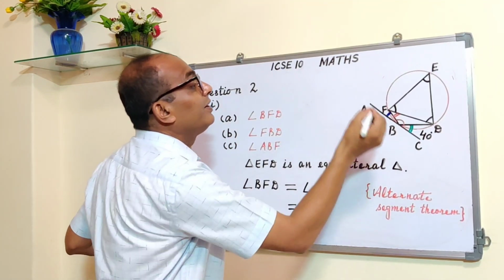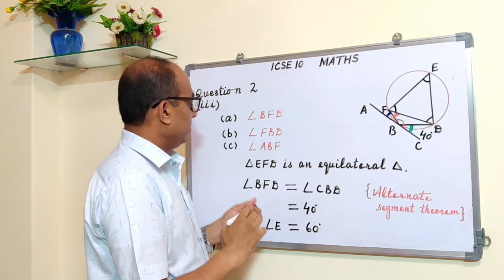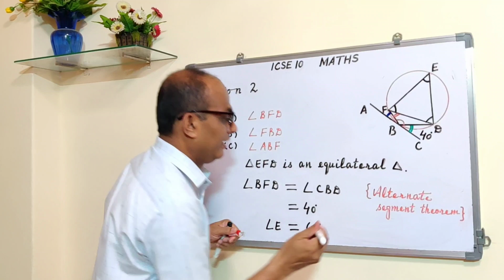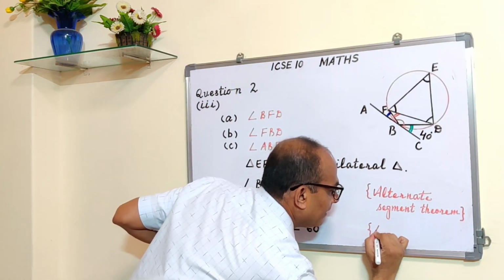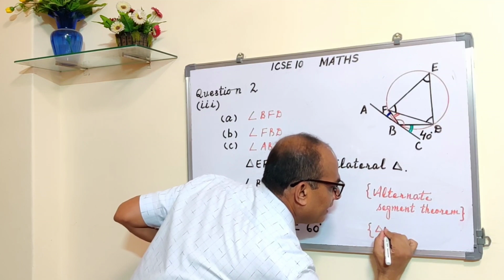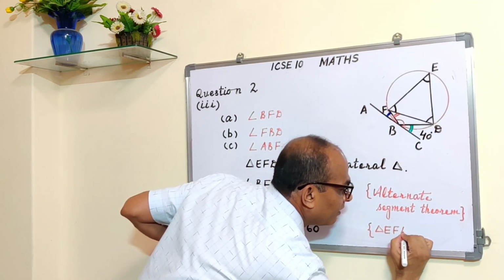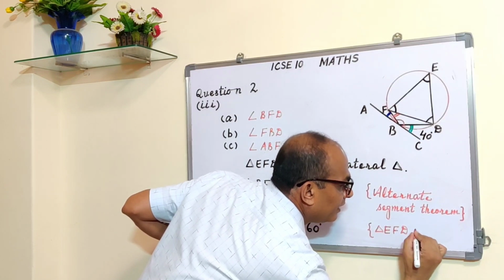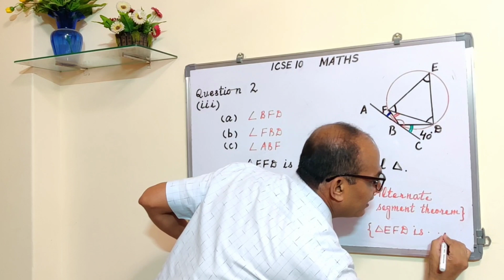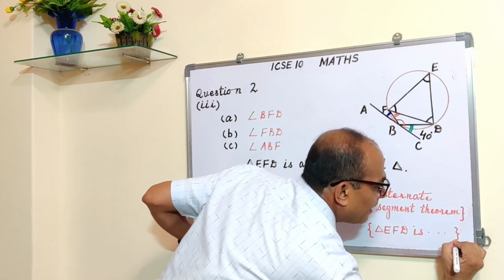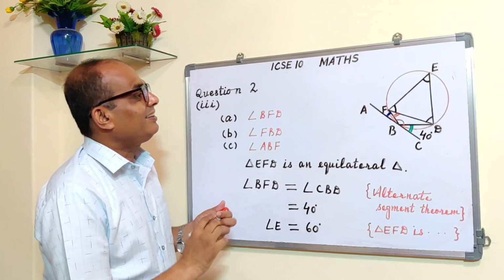Angle E is equal to 60 because triangle EFD is an equilateral triangle. So each angle is 60 degrees. Fine. Now E is 60 degrees.